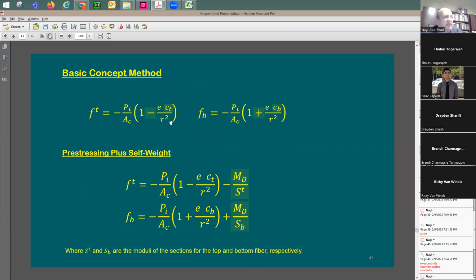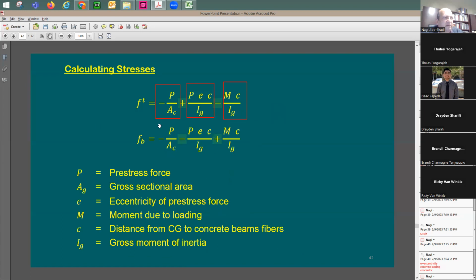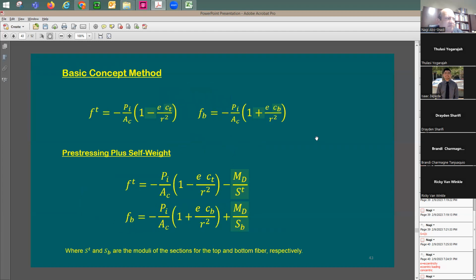Like what we discussed last time, we said I can play a little bit with this moment of inertia and just rewrite the equation. And for that, I'm going to say the stresses here are going to be coming from two sources at the beginning, and these two sources are from the pre-stressing. So the first one is going to be PI divided by AC.